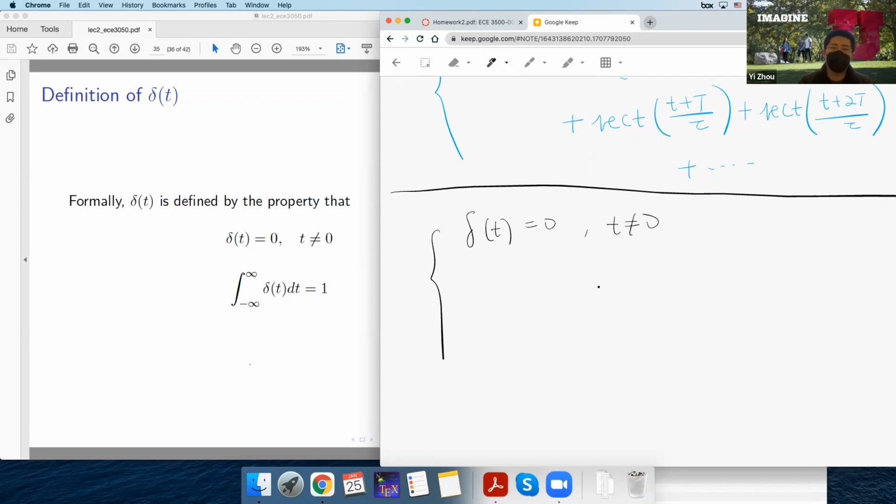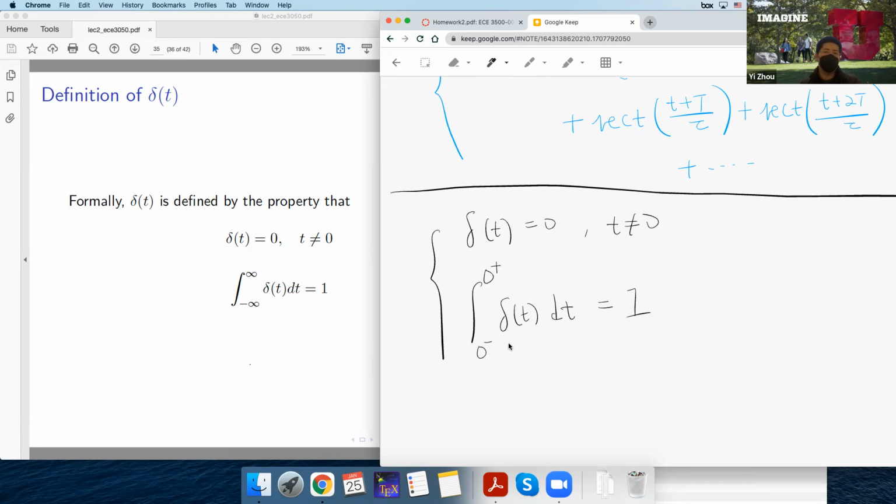Everywhere else the signal has 0 value, but at this 0 point we cannot define it directly, because, for example, if you define it as positive infinity, then it doesn't make any sense. Positive infinity is not well defined in general. So the way we define this is by looking at the integration of the signal around the 0 point, which is 1.